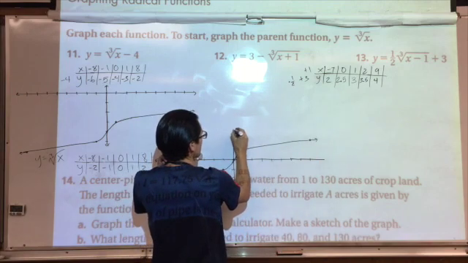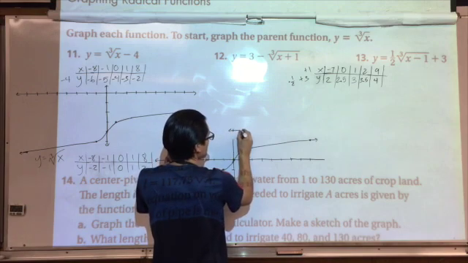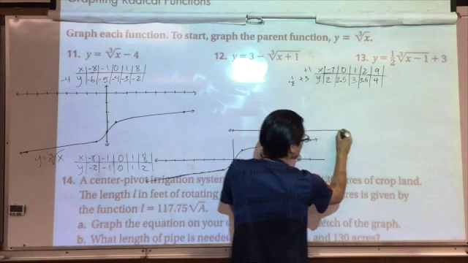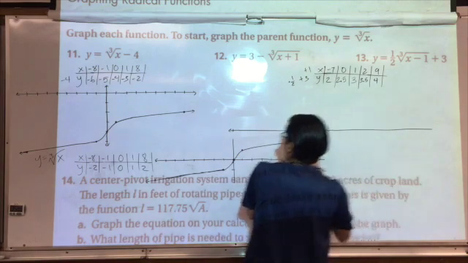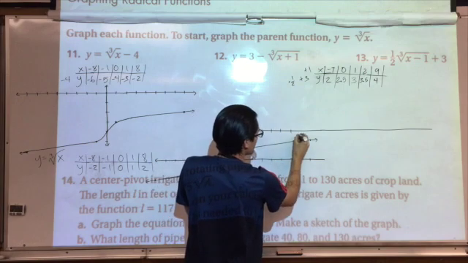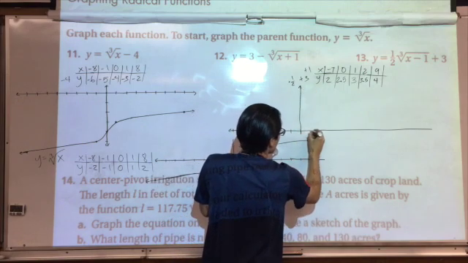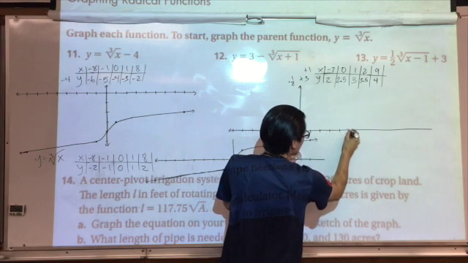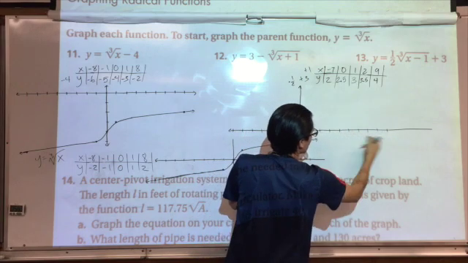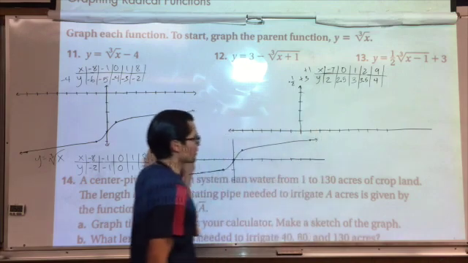Okay, so I'm going to start it here. This is going to be negative 7, and then I'm going to keep going this way. This is negative 7, negative 6, negative 5, negative 4, negative 3, negative 2, negative 1, 0. So here's my y-axis. 1, 2, 3, 4, 5, 6, 7, 8, 9. There, I fit every single one of the numbers that I need into my graph.